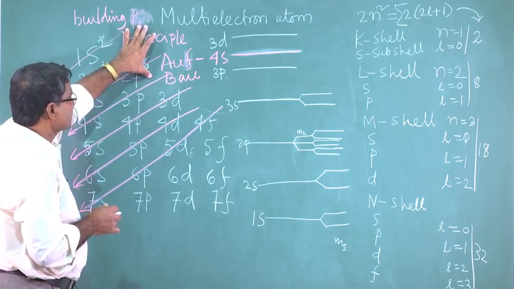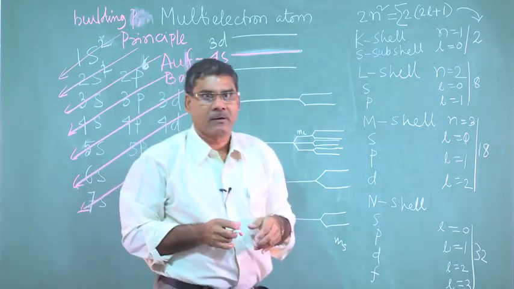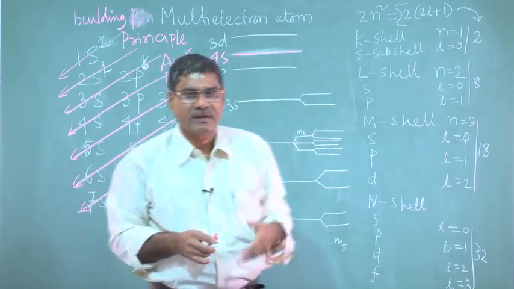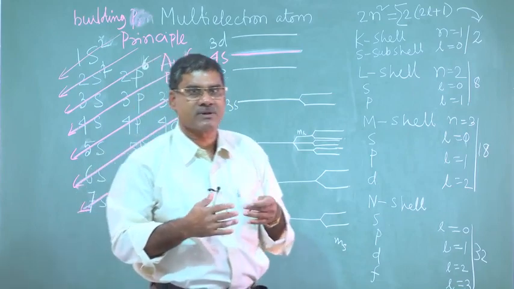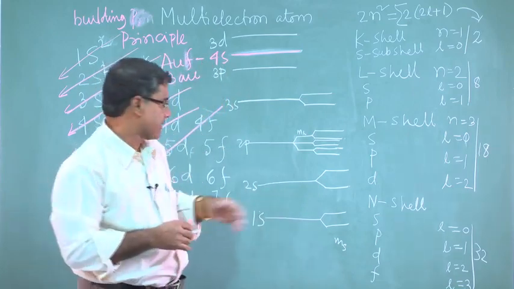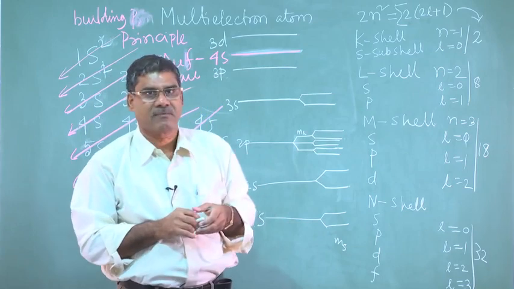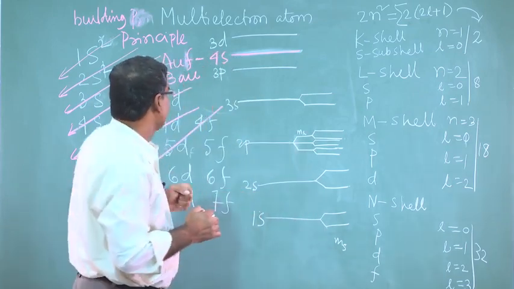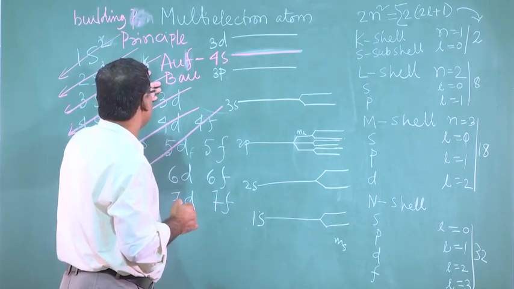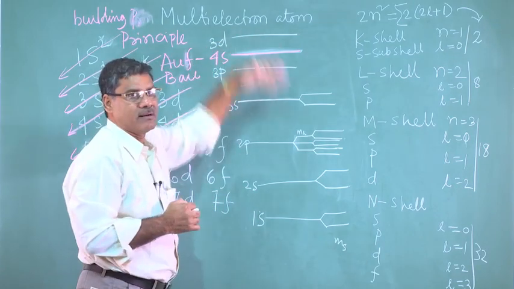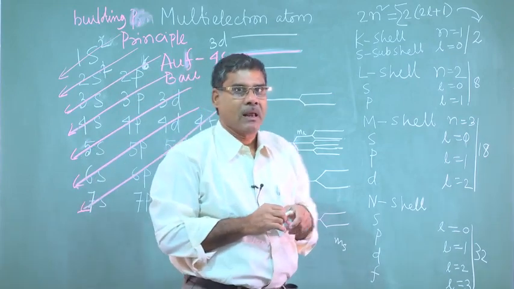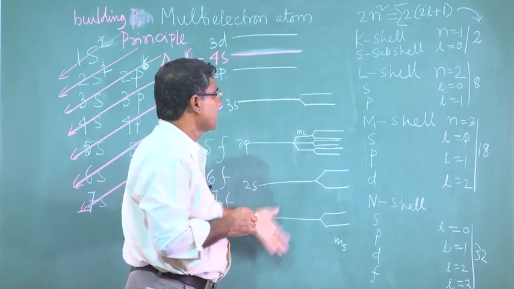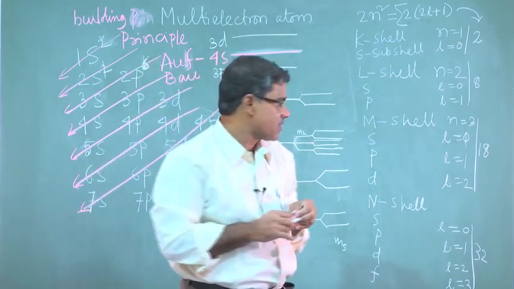This principle is based on some experimental results, but it comes from the theory, as I told, that one has to consider other effects rather than what we considered for a single electron system. If we consider other effects, then this type of irregularity in energy levels can be explained.